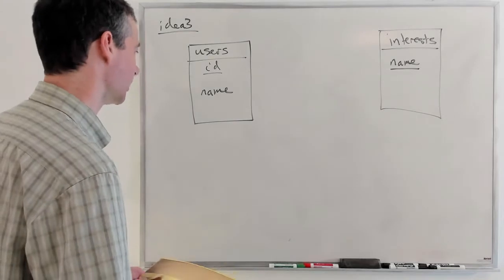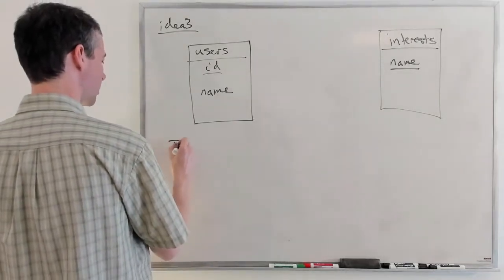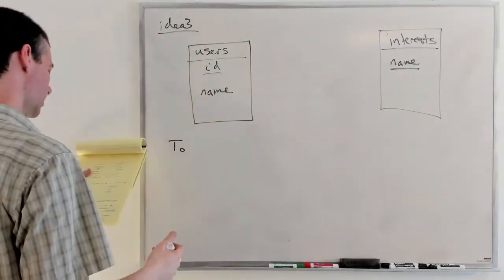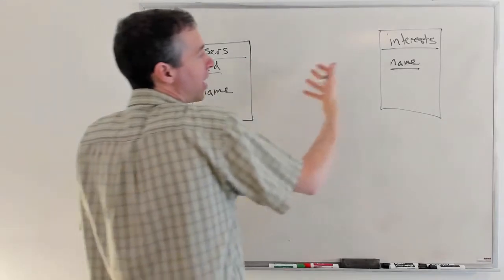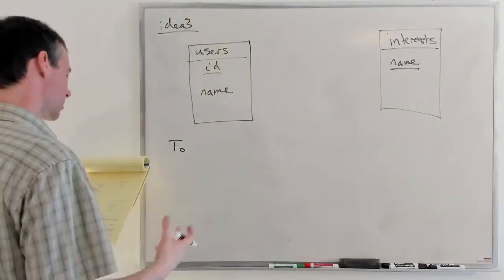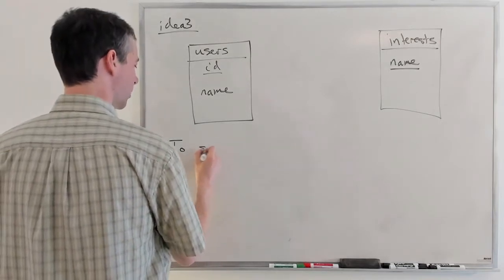So basically, to get around this, we need to define a relationship between these two entities. Because again, the users have interests. Okay, so we need to express that somehow, and that's through a relationship set. So I'll write this out now.